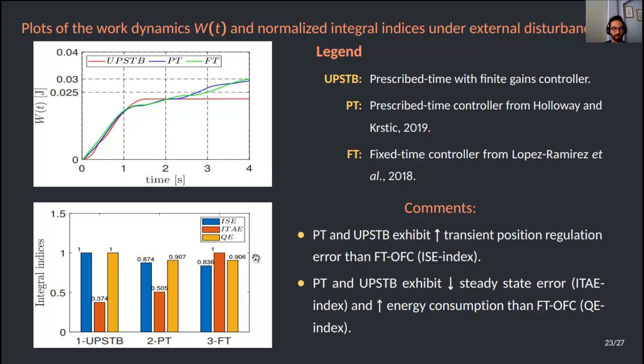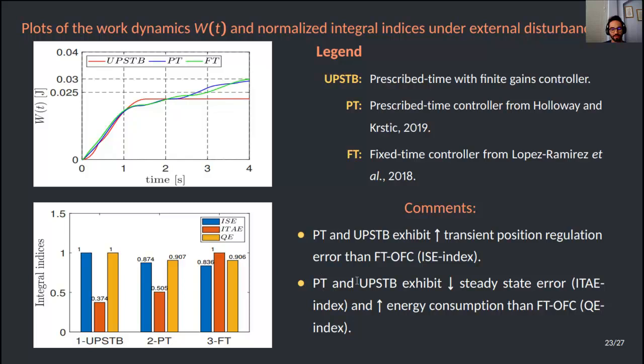At the bottom of this slide, we are also showing a comparison using integral indices of the three controllers, where the non-autonomous controllers PT and UPSTB exhibit a higher transient position regulation error compared with the fixed time controller, which is an autonomous one.